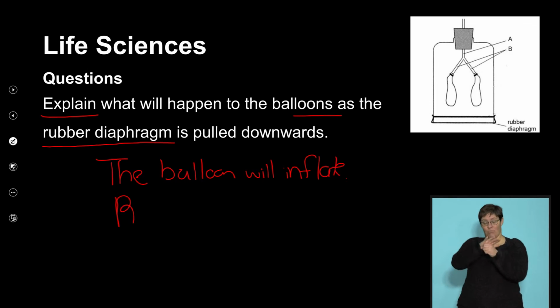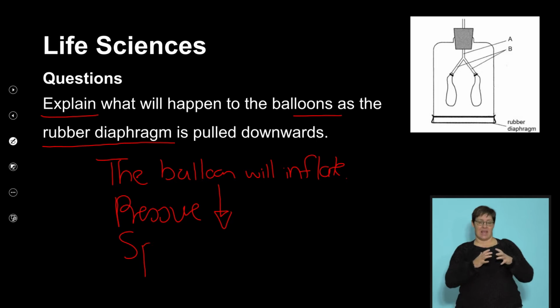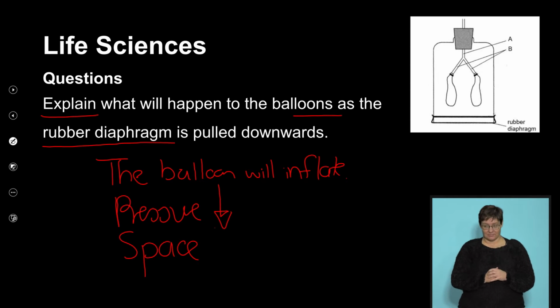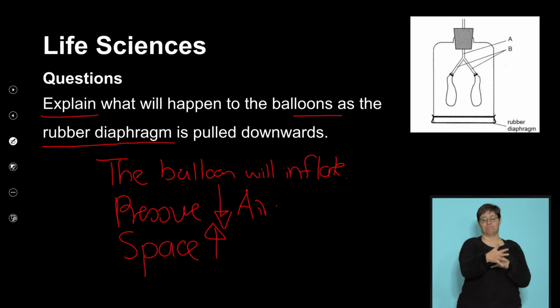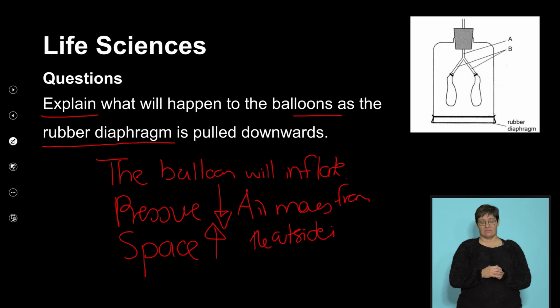Because pressure has done what? Decreased. And what have we done? Space has increased. And what does this do? Air moves from the outside into the lungs. All right, so there we go.